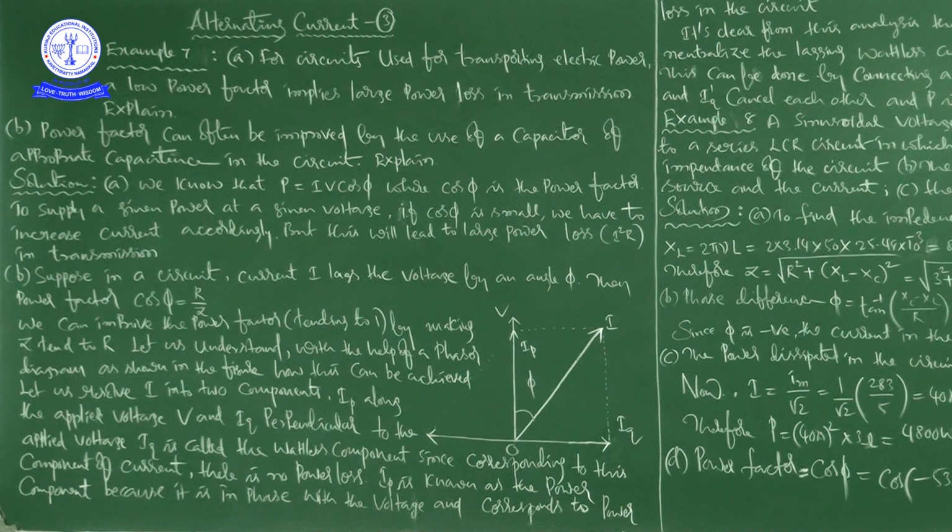IQ is called the wattless component, since corresponding to this component of current there is no power loss. This is an important point. IP is known as the power component because it is in phase with the voltage and corresponds to the power loss in the circuit.